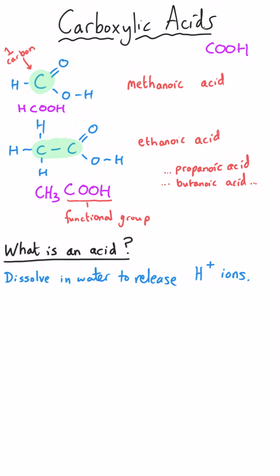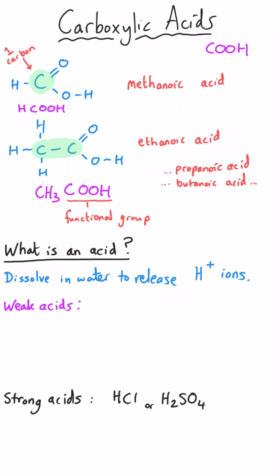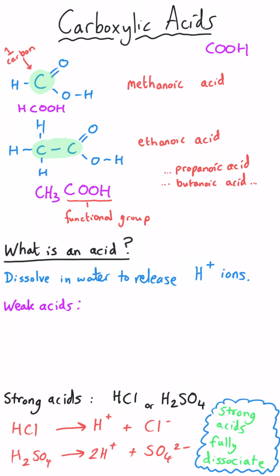Now, carboxylic acids are referred to as weak acids. All acids dissolve in water to produce hydrogen ions, that means H+(aq), in solution, whereas hydrochloric acid and sulfuric acid will dissolve fully and produce a huge number of these hydrogen ions when you put them into water. Carboxylic acids don't.